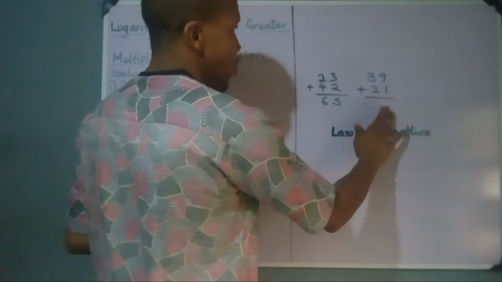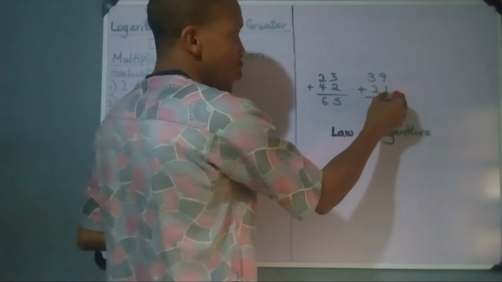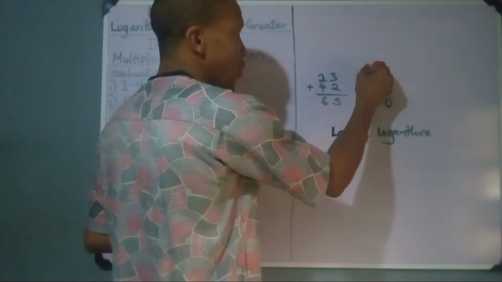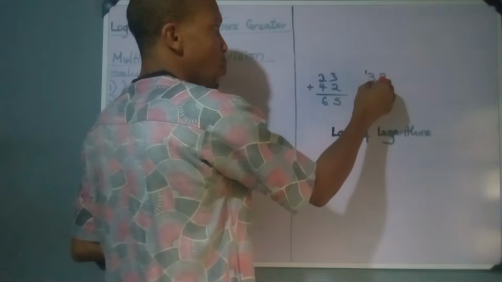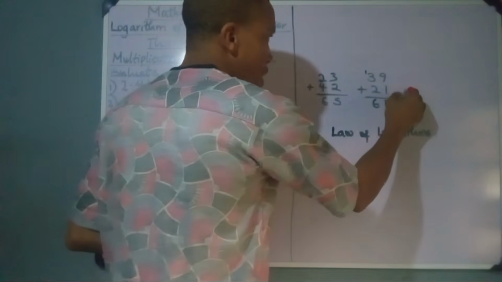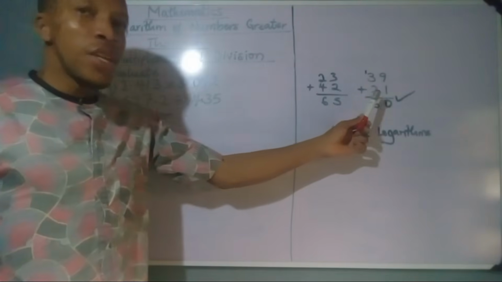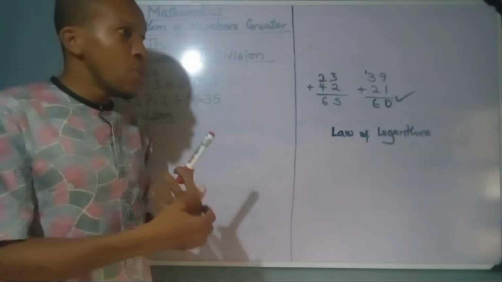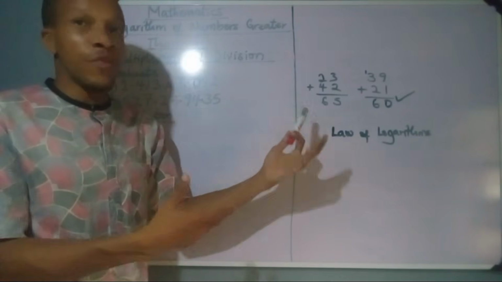Oh, no, this is not how it is done. 9 plus 1 is 10. So you write 0 and carry over 1 to the next column. So 1 plus 3, 4 plus 2, 6. Then you get the correct answer. You are able to obtain the correct answers because you have now learned the laws, the rules that guide the addition of numbers.